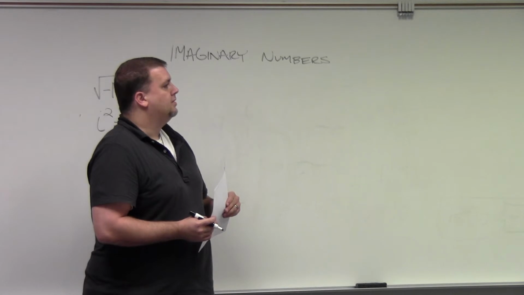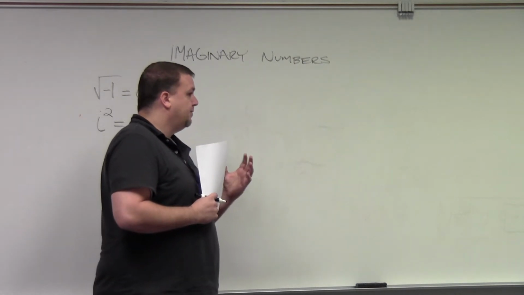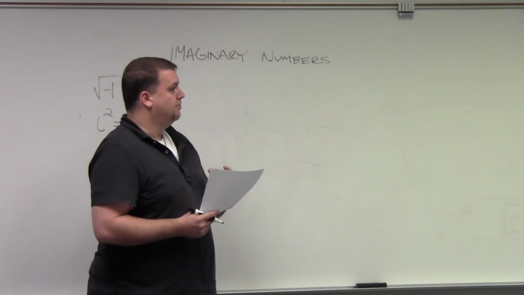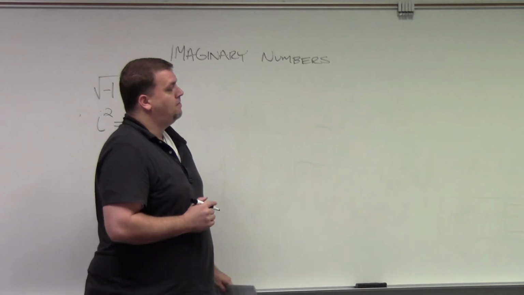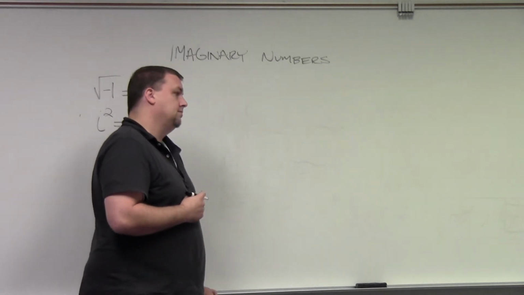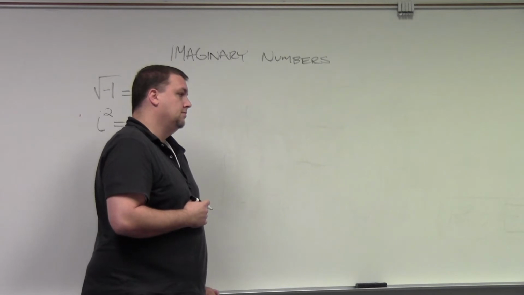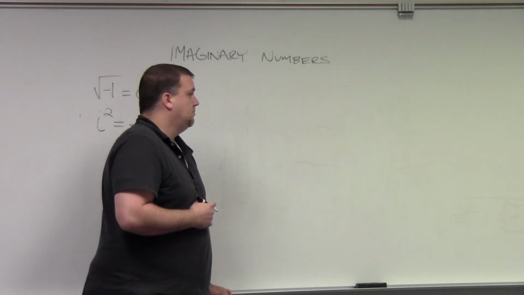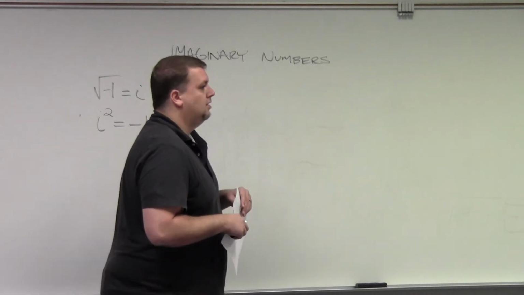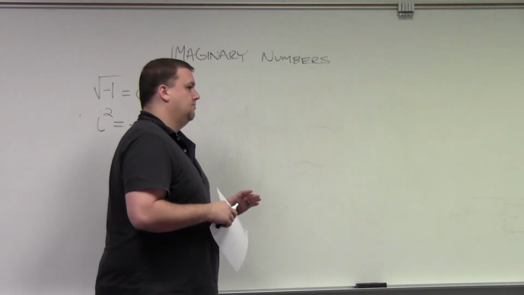In order to work with complex numbers, they have to have an i involved with them. So if you're doing an operation, it can't be in radical form. You have to put them in imaginary number form first, and then work with them. I would not do that.